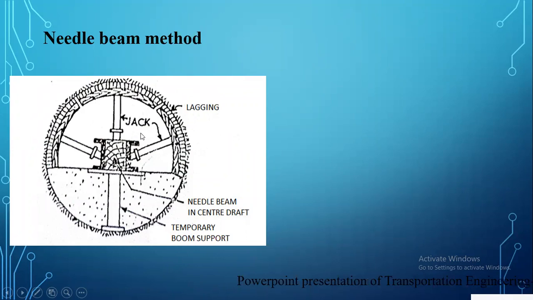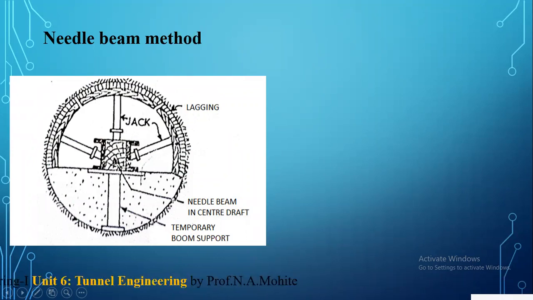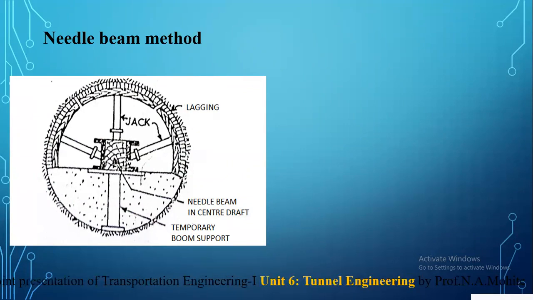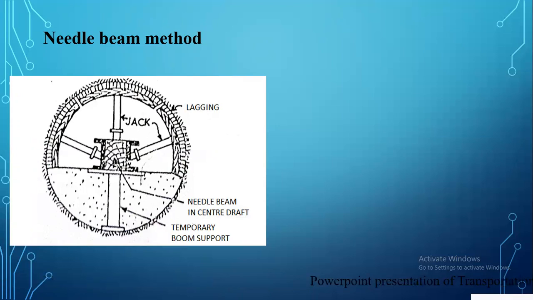Here you can see the joints provided, and this method requires a large number of jacks. This is the jack. These make an obstruction for the workers carrying out the work. But for tunneling in soft ground, it is more economical than other methods.